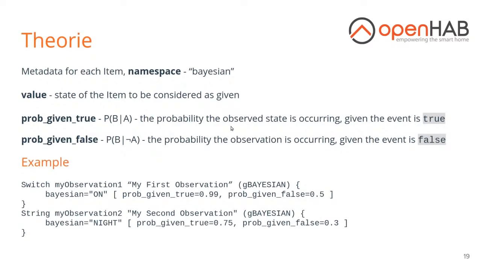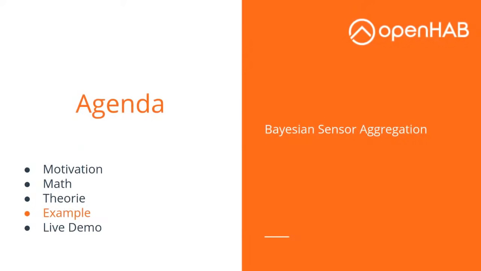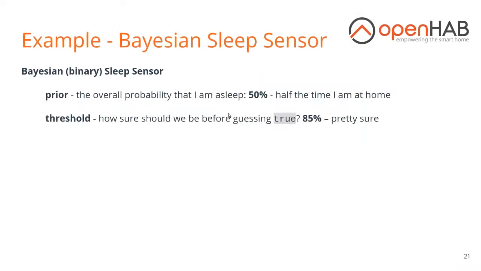Okay, that was a lot of theory. So now I'd like to map it to an example. And as I already said, I like to detect my sleep. I created a Bayesian binary sleep sensor.